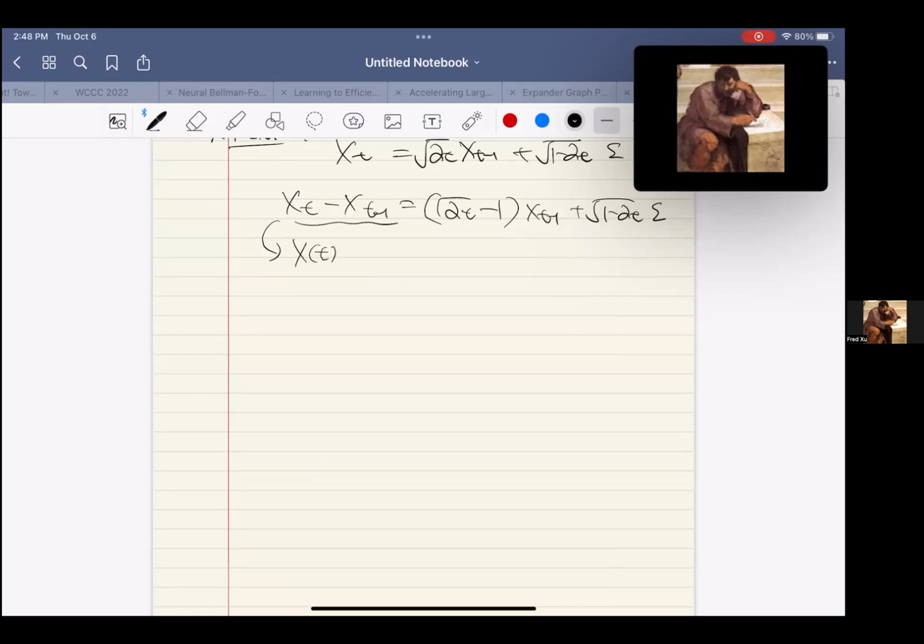So here's x_{t+1} minus x_t, and so on. You can make it a continuous random variable by viewing it as x_{t+delta} minus x_t, and then here you have something like f of x_t times delta, and that would be a Brownian motion times a drift term.